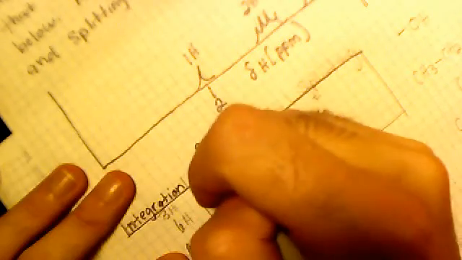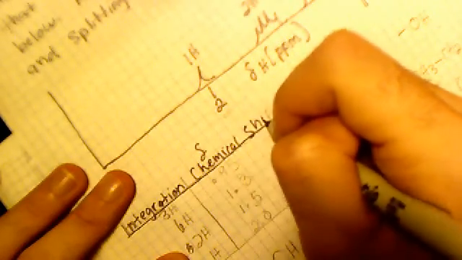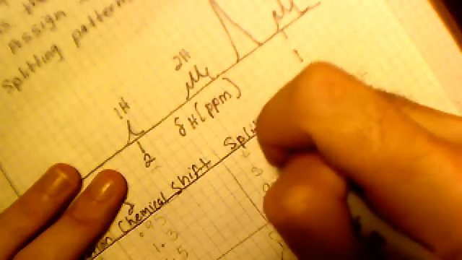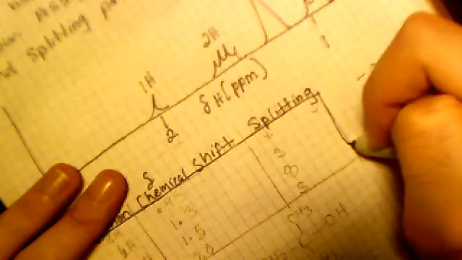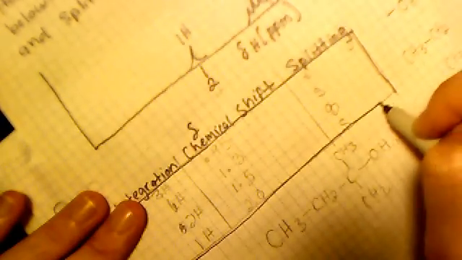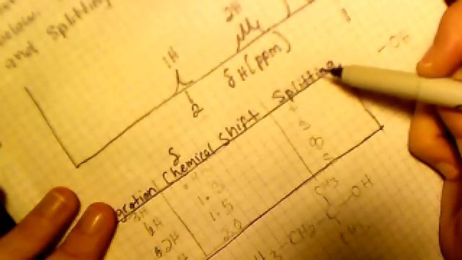Then there's the chemical shift, which is how much it shifted downfield, or where its position in the graph is. And then splitting, which represents the number of heterotopic protons that each of these is next to.